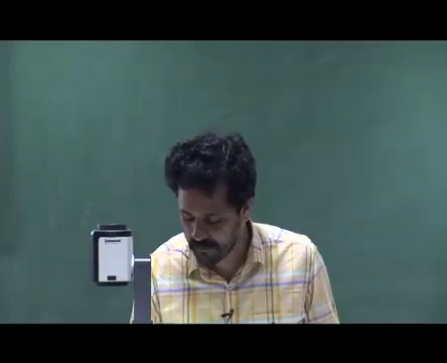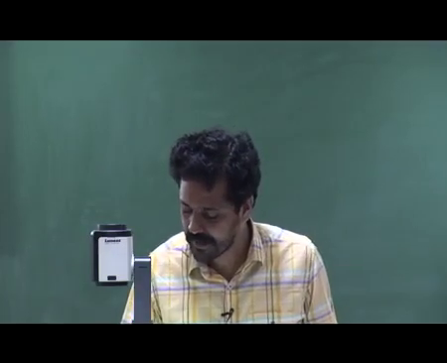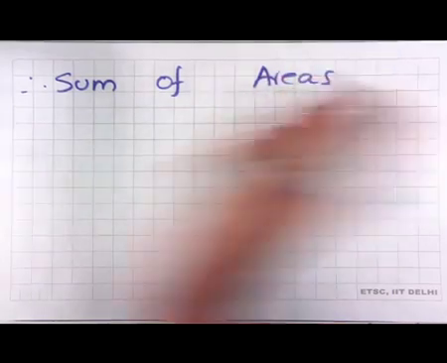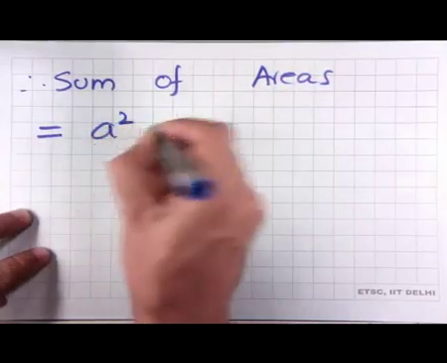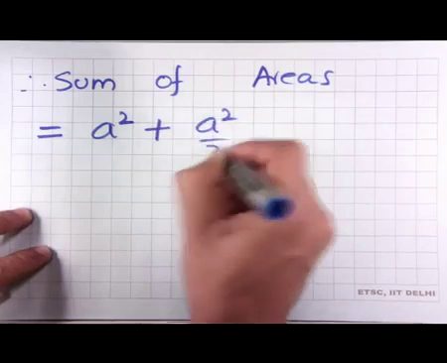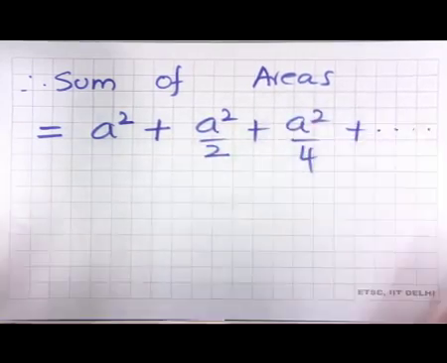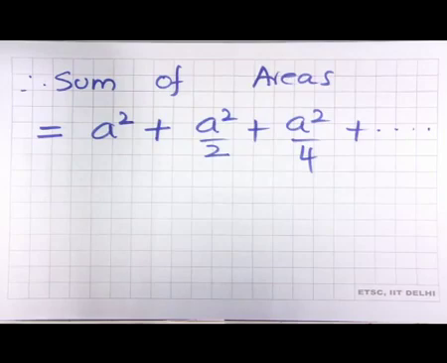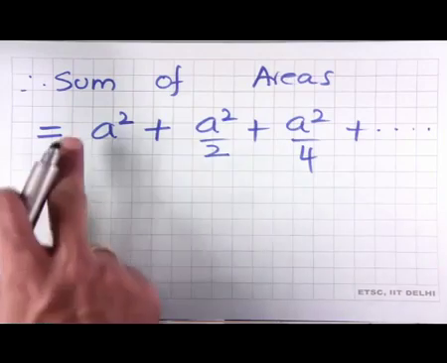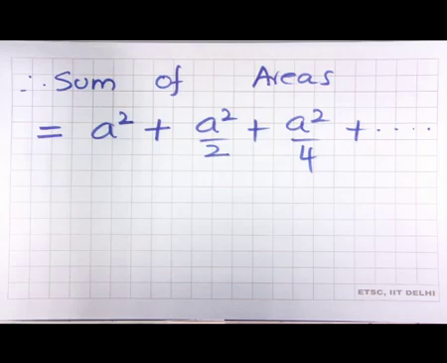Therefore, the sum of areas equals a square plus a square by 2 plus a square by 4 plus etc. It can be easily observed that this infinite sum corresponds to a geometric progression with first term a square and common ratio 1 by 2.